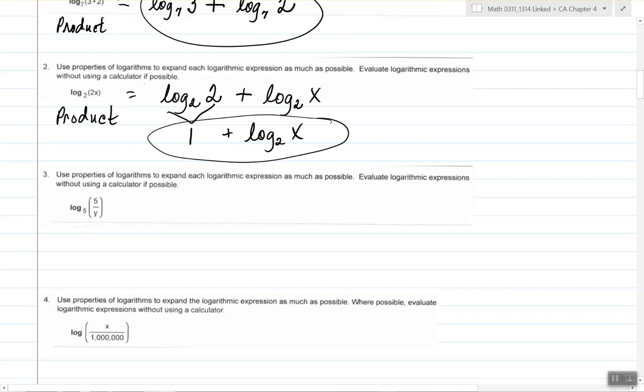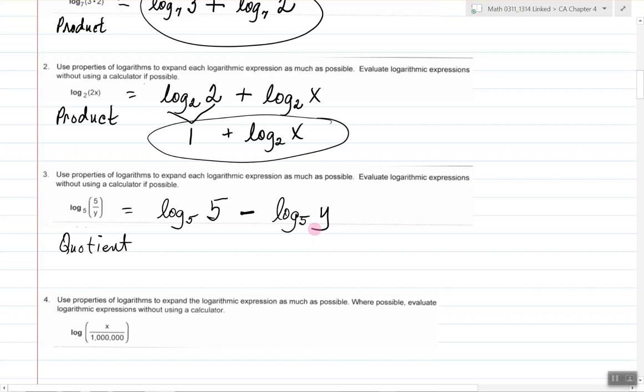All right, the next one, we have a log. This is a quotient because there is division. So this is the log base 5, because that's a little base 5, of the numerator minus the log base 5 of the denominator.